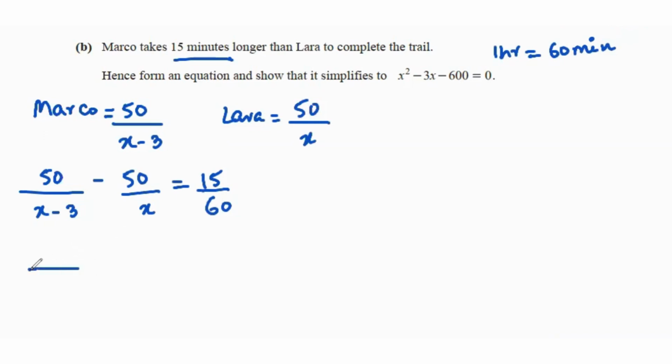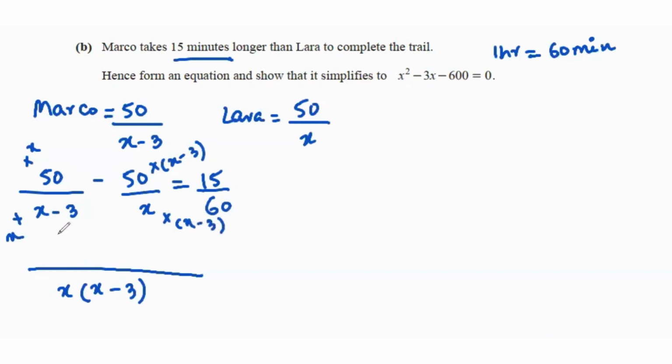So now we make the denominator equal on the left-hand side by multiplying the first fraction by x and the second fraction by x minus 3. So that's going to be 50x minus 50 times x minus 3 equals 15 over 60.